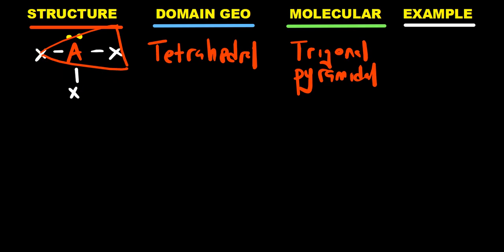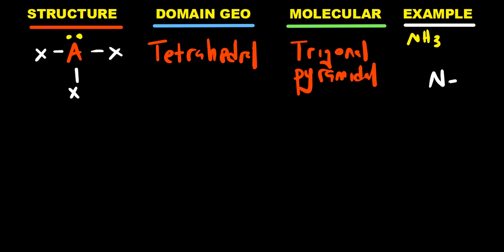So now a common example that you can give for this one is ammonia. Now ammonia, if you look at the structure, ammonia is NH3. Nitrogen is our central atom.